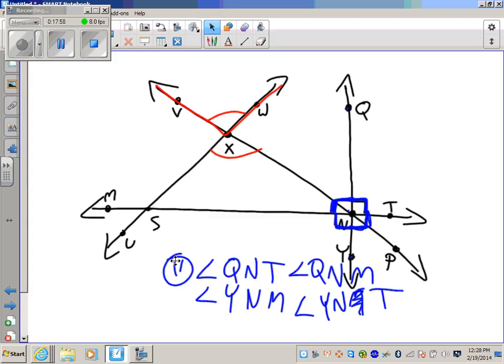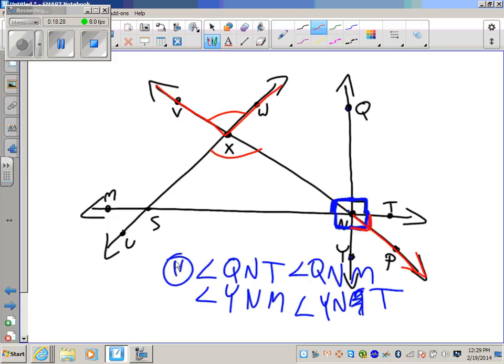And then 13, two pairs of adjacent supplementary angles. Angles that are next to each other that together equal 180, a straight line. And then 14, two pairs of complementary angles. I see right here a right angle that was split.